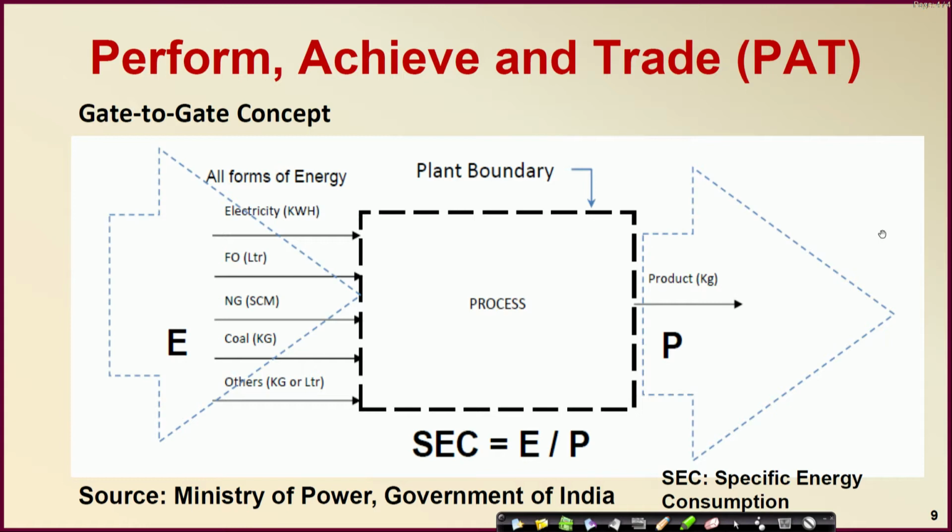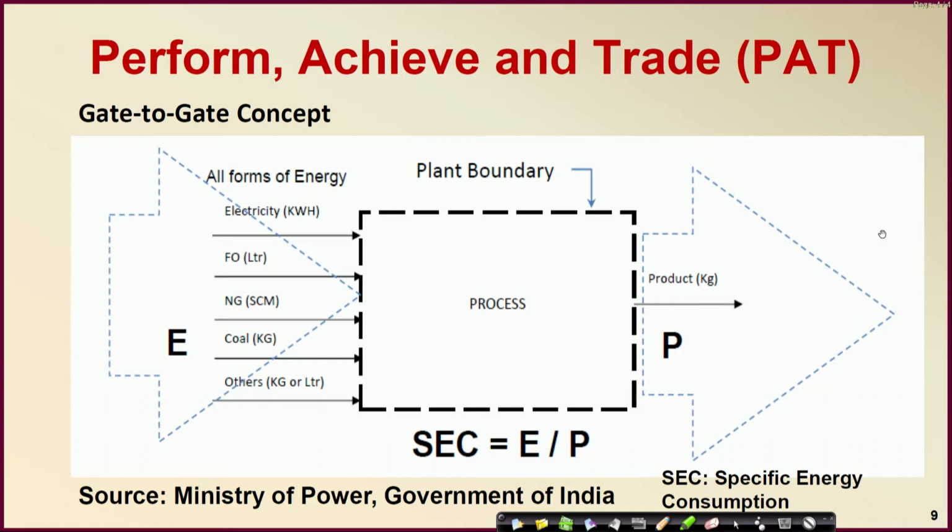A process, that is a plant, is using all of these energies and getting the product in that form. So, specific energy consumption can be defined as E by P, that is energy used per unit amount of product, or let us say per kg of product. So, the idea is that this SEC level should be as low as possible.